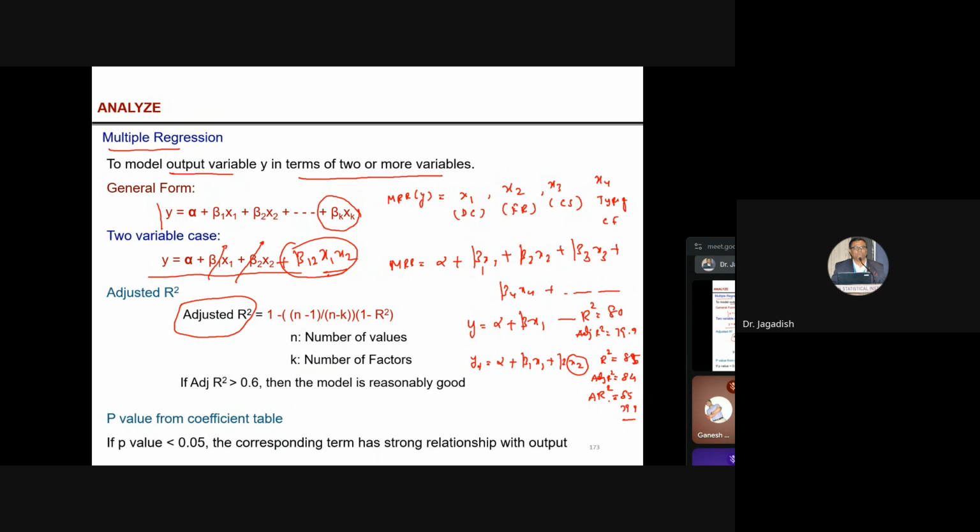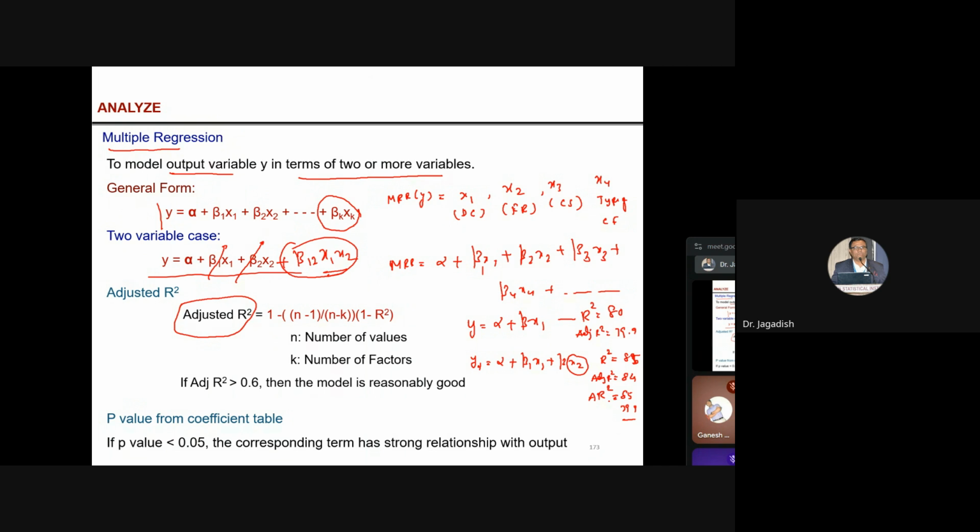So the adjusted R square is always lesser than the R square value. But when you add a useless parameter, let us say the type of material in your experimentation, which has no link with the cutting speed, feed rate, and depth of cut, it may influence something else, such as process time or the array value. If it influences, that is good.